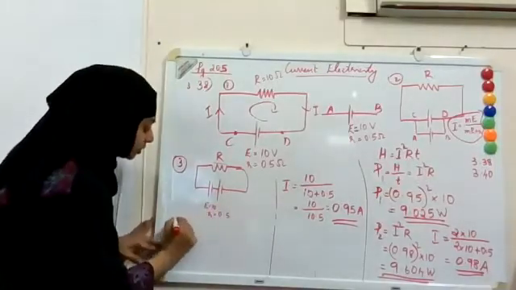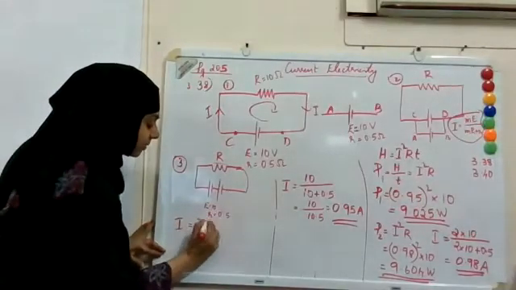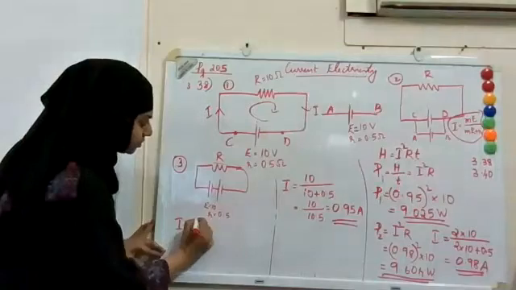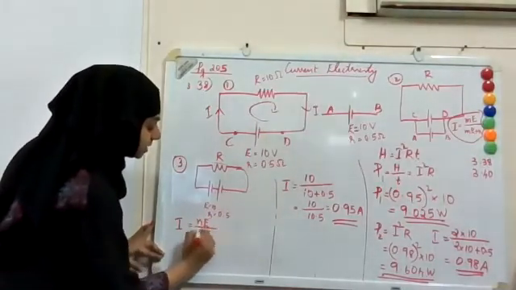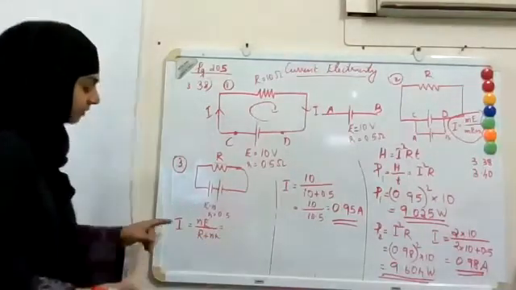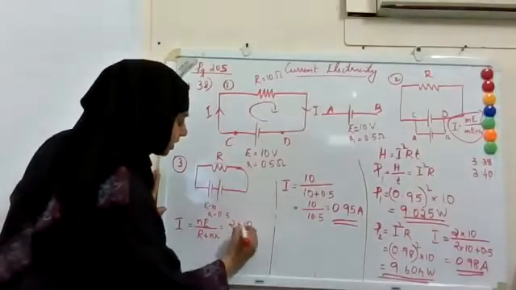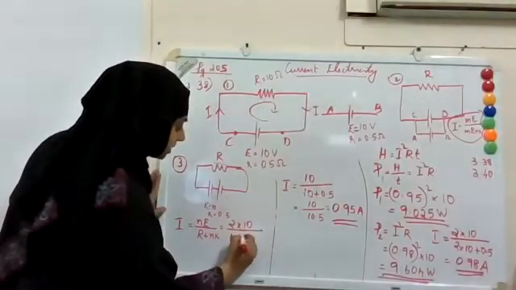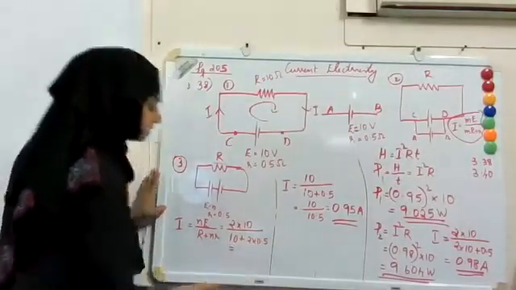So the current produced in this case, I will be equal to nE divided by R plus n into r, using the same terms as we derived. So n is 2 here. 2 times 10 divided by 10 plus 2 times 0.5. Calculate and tell me this value.